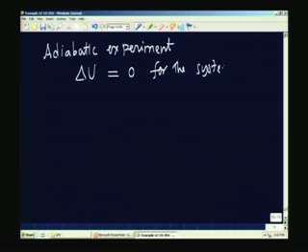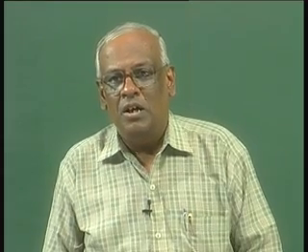The system is made up of two things: the products, the material which has burnt and become products, and the water which is surrounding that, and the vessel in which the experiment is performed.